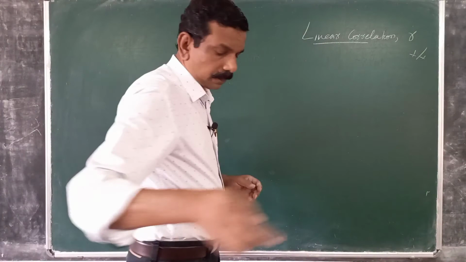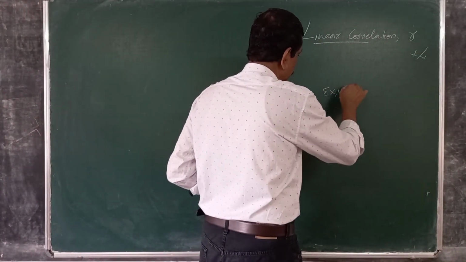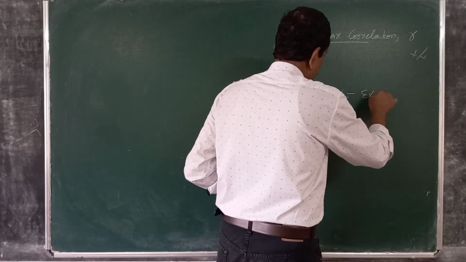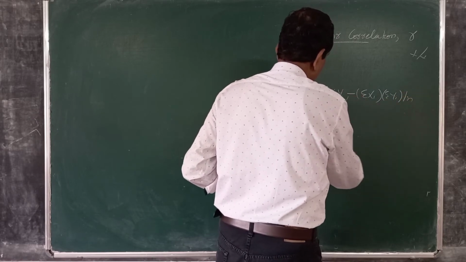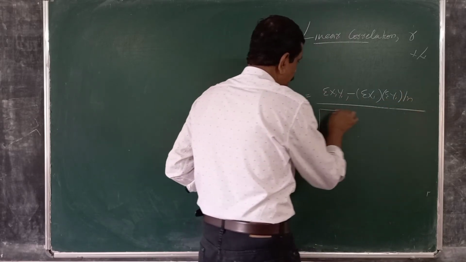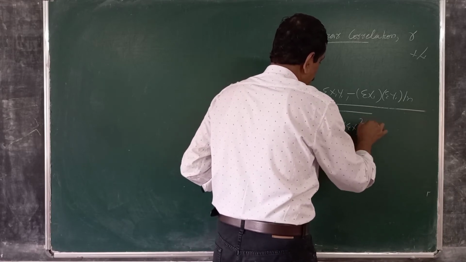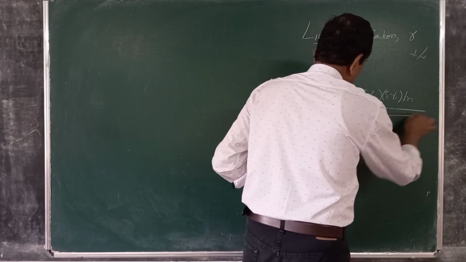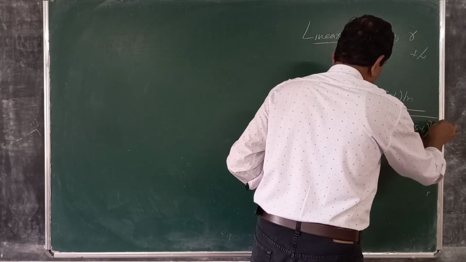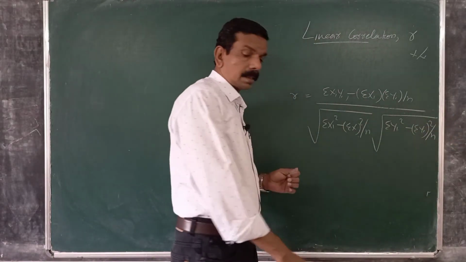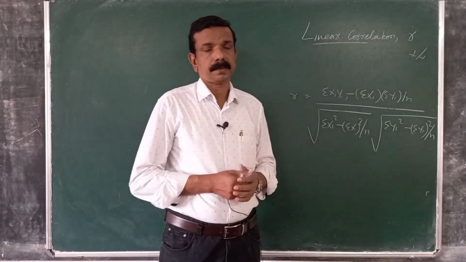For the computing formula, R is equal to sigma xi yi minus sigma xi into sigma yi by n, divided by root of [sigma xi square minus (sigma xi) the whole square by n] into [sigma yi square minus (sigma yi) the whole square by n]. This is the computing formula for calculating linear correlation.